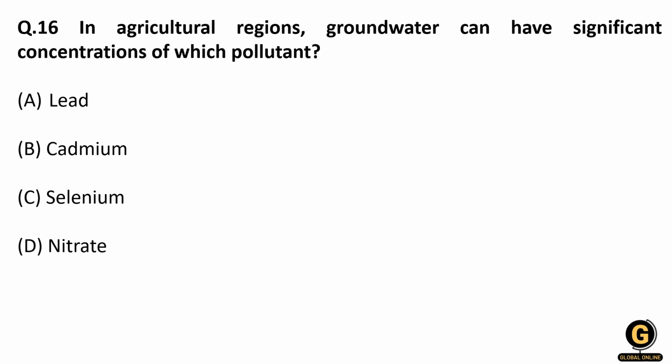In the agricultural region, groundwater can have a significant concentration of which pollutant? Remember, in agriculture, whenever a farmer uses fertilizers or pesticides and sprays them on the crop or farm, they percolate into the water and mix with the groundwater, right?